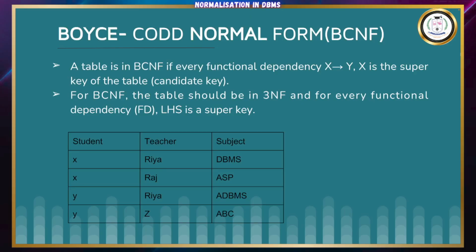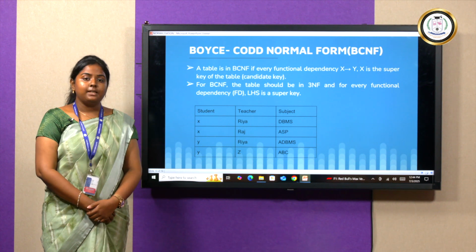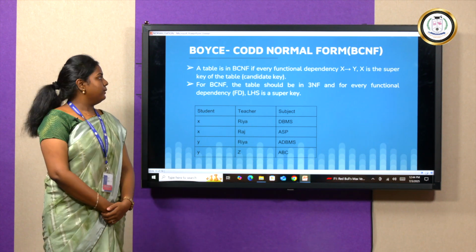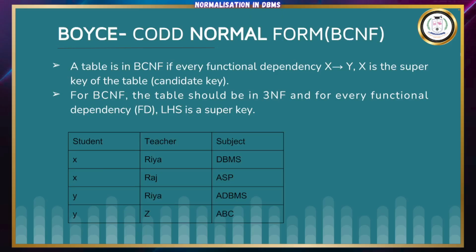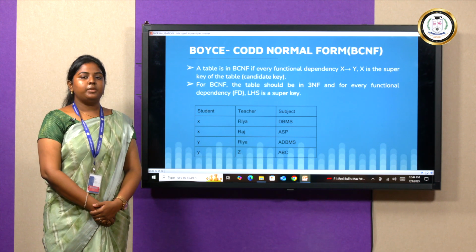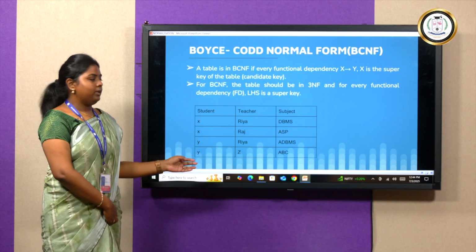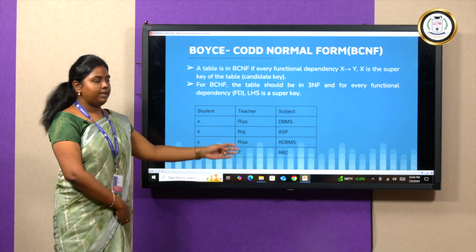Next is Boyce Codd normal form. Boyce Codd normal form is an advanced version of 3NF, so we can also say that it strictly follows 3NF. The difference is that in every functional dependency X to Y, X must be a super key. So the left-hand side should always be a super key. For example, we have three columns: student, teacher, and subject.